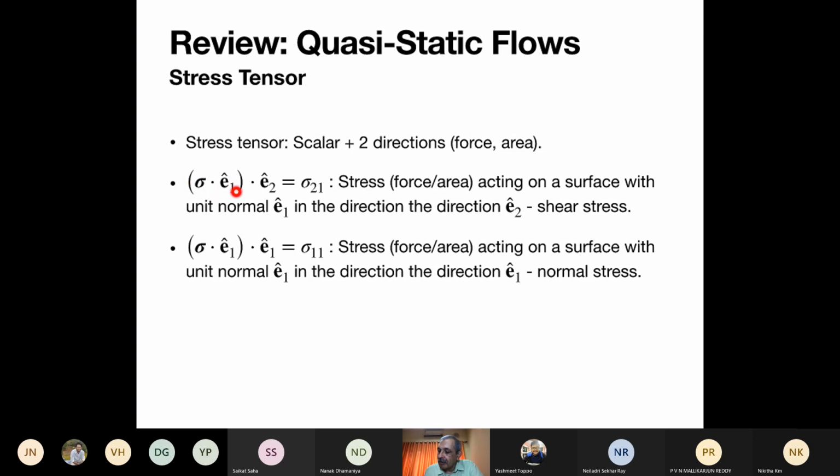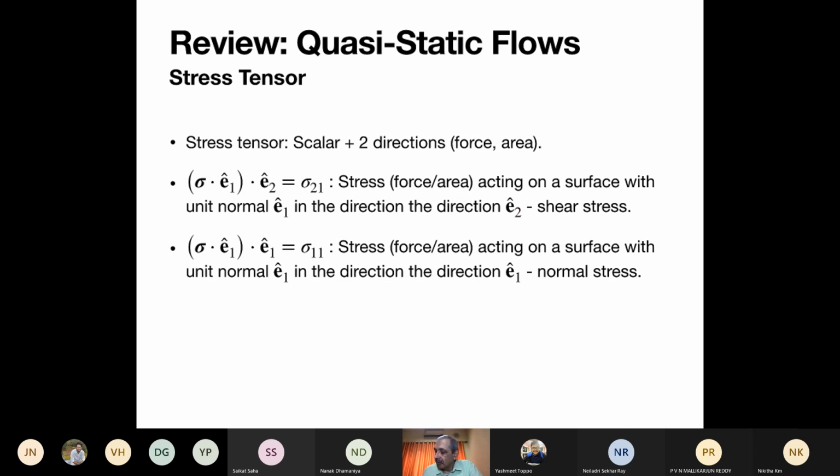This term inside the brackets is a vector. And then when we take a dot product of that vector with another unit vector, this gives us the component of the force in the direction E2. So we get sigma 21. This is the stress, which is equal to force per unit area acting on a surface with a unit normal E1. So the surface has a normal E1 and the force is in the direction E2.